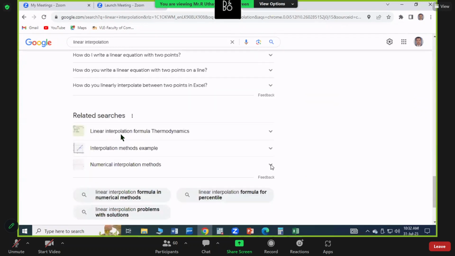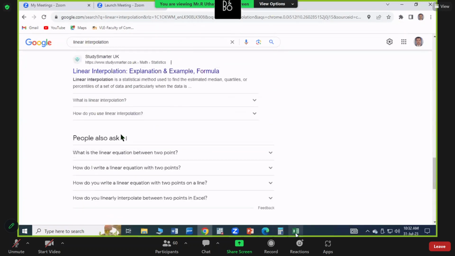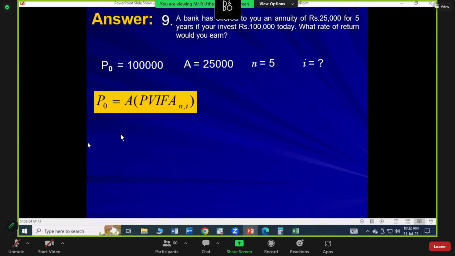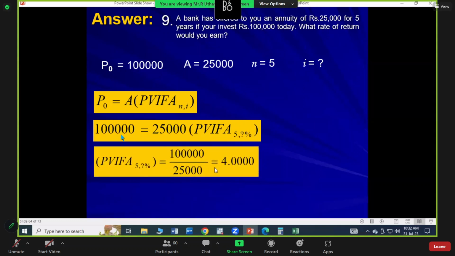You can go and learn by yourself. So you set the present value interest factor, substitute, and get that the value is equal to 4.000.